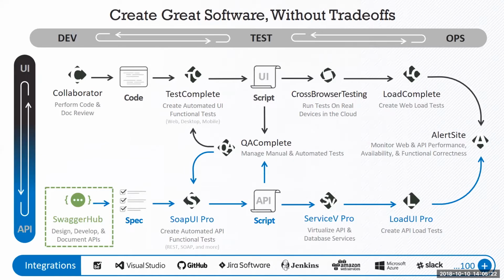The specification that we generate either through Swagger Hub or through the other Swagger tooling can then be picked up in a number of other different tools. So if we wanted to get into testing, we could definitely upload it or move it into the SoapUI Pro platform. If we wanted to virtualize it, something that I see a lot of people starting to do, and something that we'll talk about a little bit in just a few minutes, we do have a solution for that.